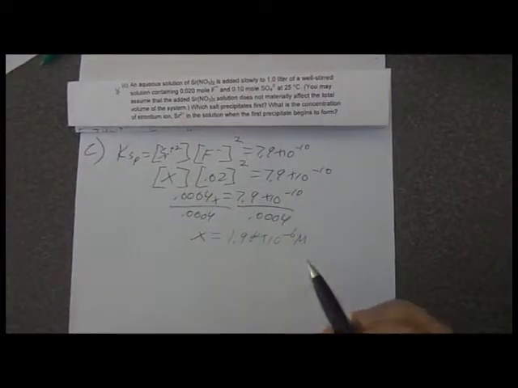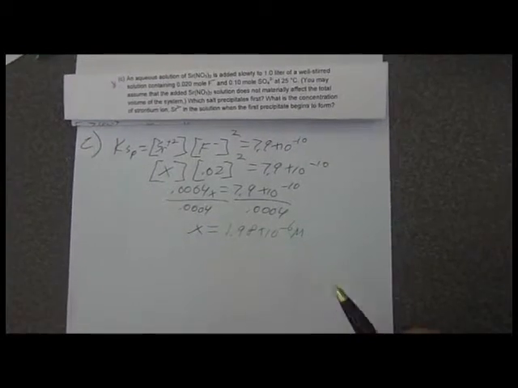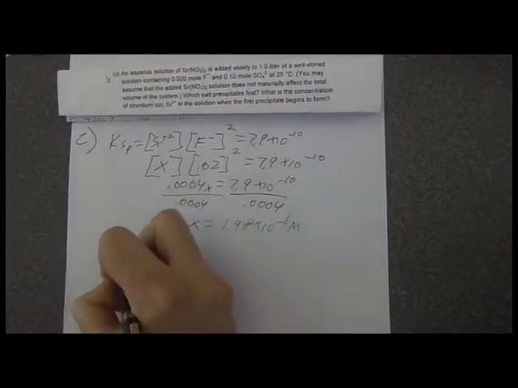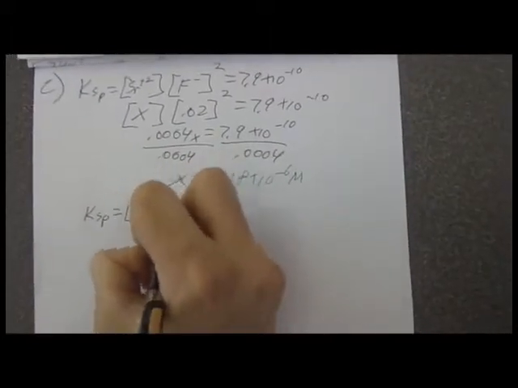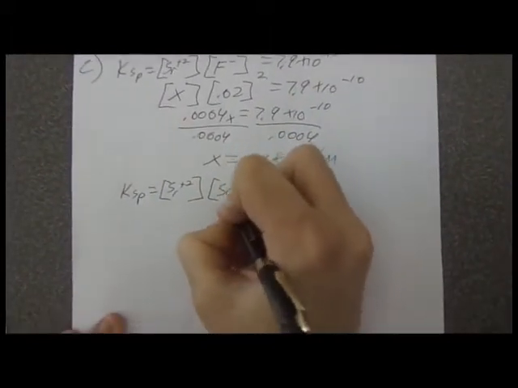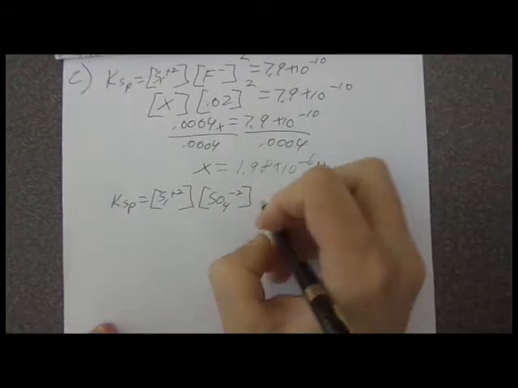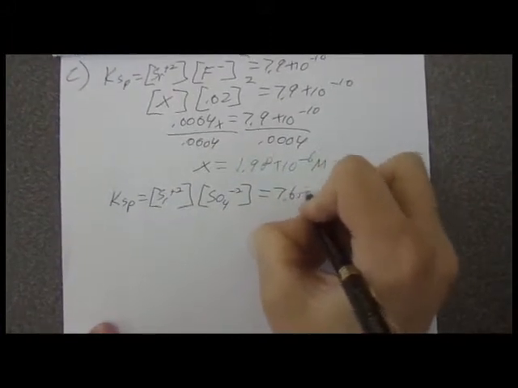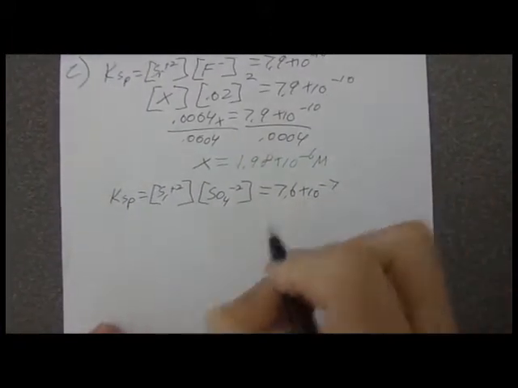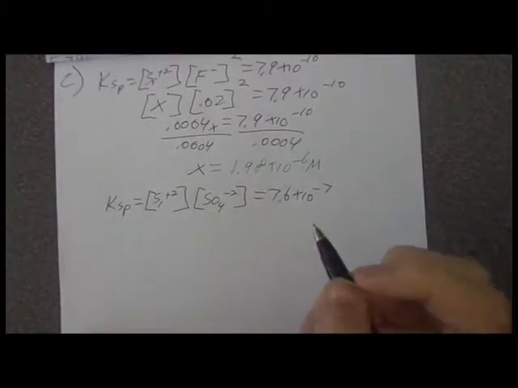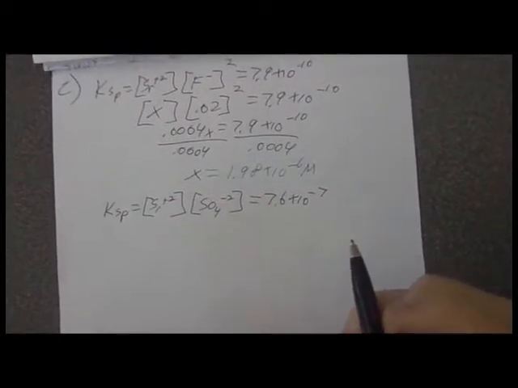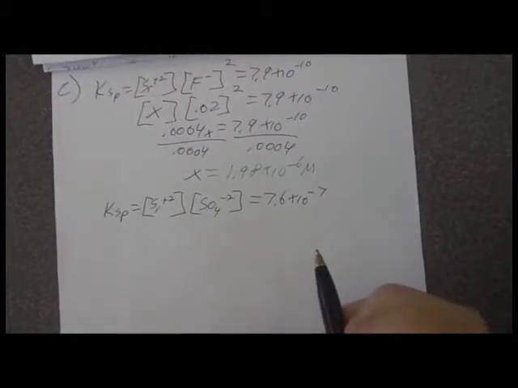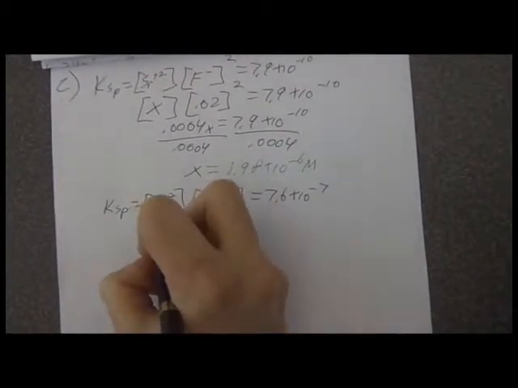Now we have to also do the same thing for SrSO4. So we have Ksp equals the concentration of Sr+2 times the concentration of SO4 2-. And we know that this equals 7.6 times 10 to the negative 7. We can now plug in X for the concentration of Sr+2 because we don't know what that is, and we can plug in 0.1 for the concentration of sulfate because it gives us that in the problem.